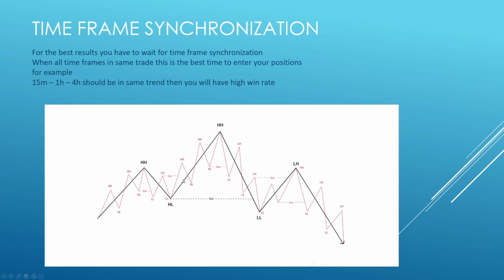So your best entry point will be on this specific higher low when you're long in position. And when you open a short position, your best entry will be on this lower low or on this lower high, when we're going to test some order block or fair value gap, something like this.